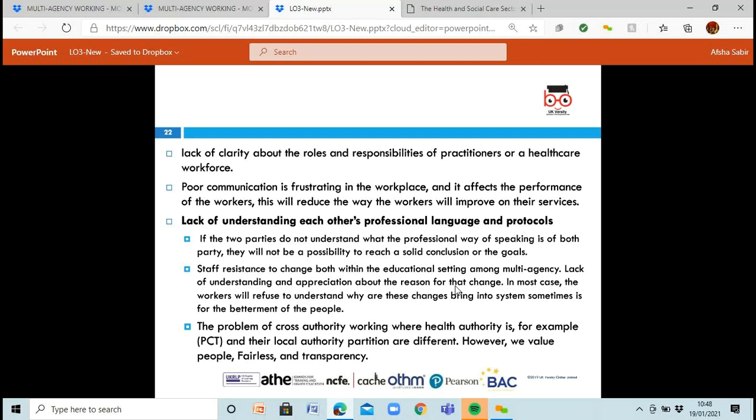So there's a whole load of issues about who's in charge, what am I meant to do, I don't understand my role, we don't have enough time or money for this, who's actually going to go out and see the patient, is it going to be that agency or is it going to be our agency? So there are very big consequences that can come from not working together.